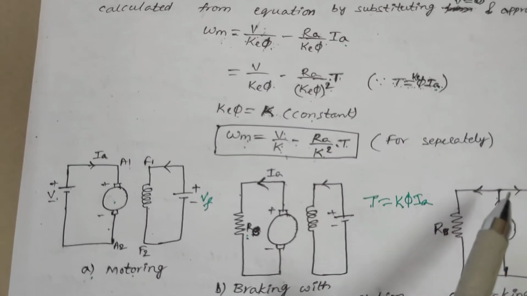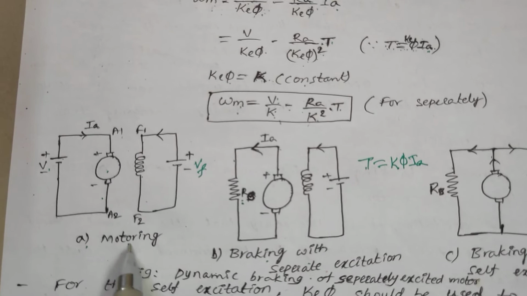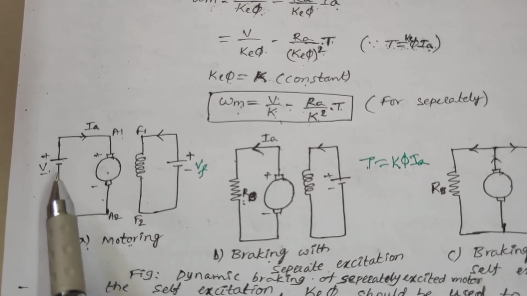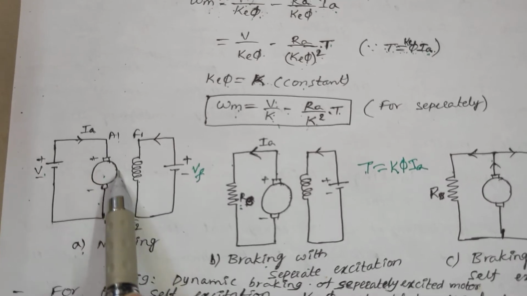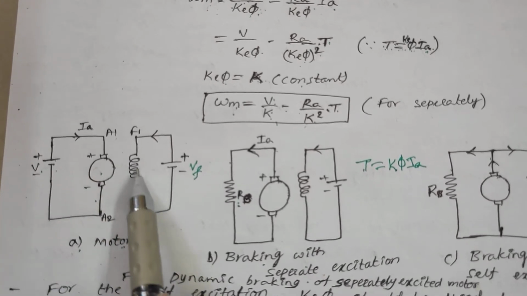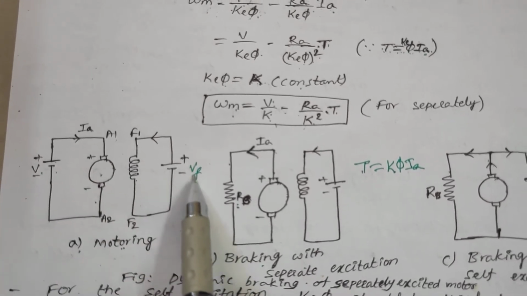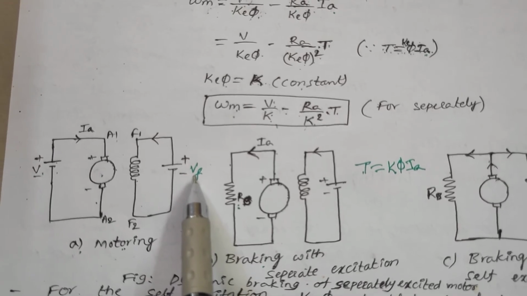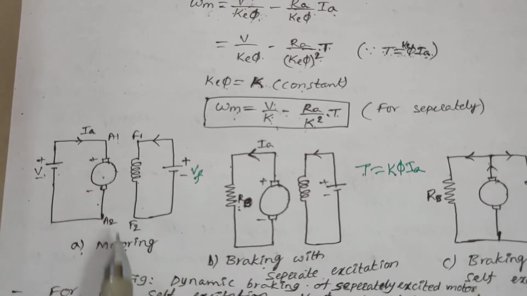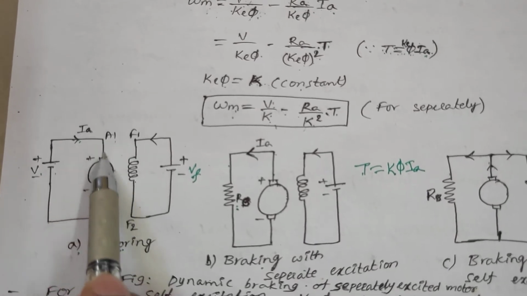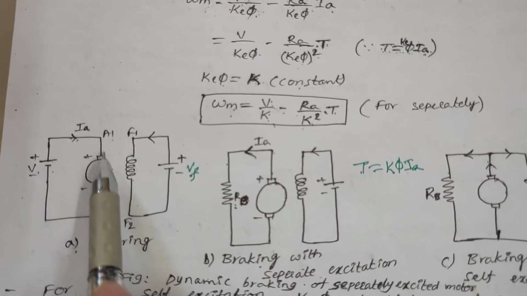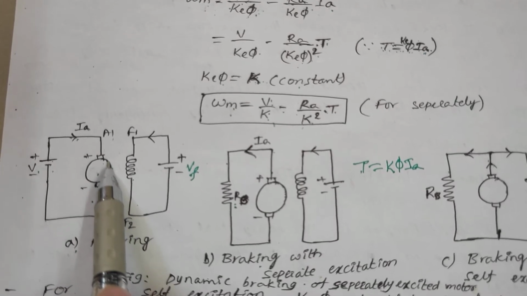And if you see the diagram, for motoring operation, the separately excited motor has the armature connected with the supply voltage and the field connected with the field supply Vf. During the motoring operation, the armature current is going through A1 entering into the armature.